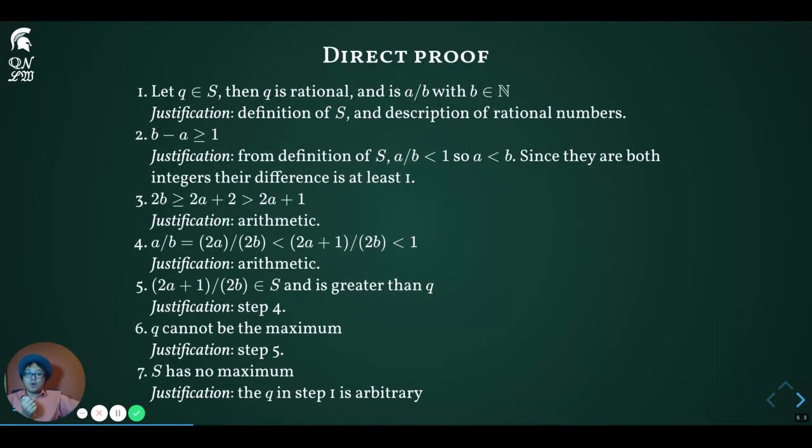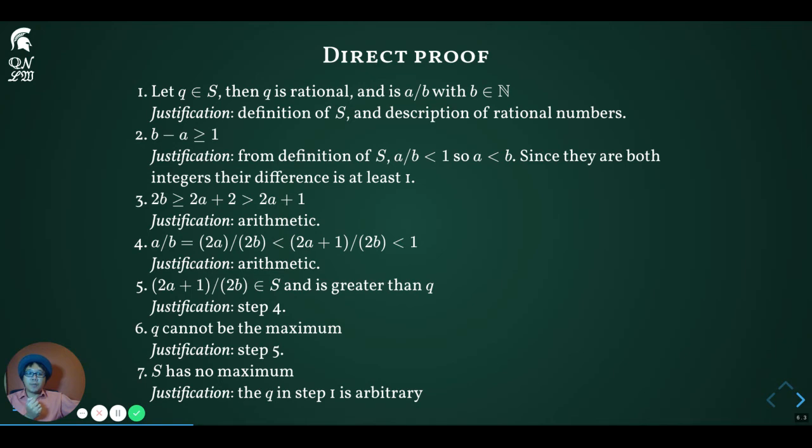In this second proof, we explicitly give a formula for the rational number that is bigger than a given one in S. Start again with Q in S. We use the fact that it is rational to write it as A over B. Since Q is less than 1, we have that A is less than B. Since A and B are both integers, this means that their difference is at least 1.